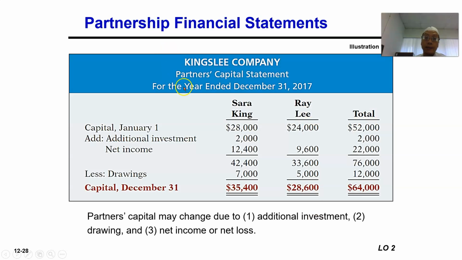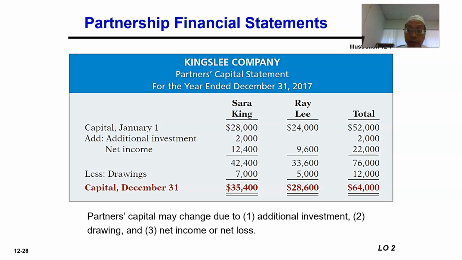In the partners' capital statement or the equity statement, it starts off with the original capital. Sarah King and Ray Lee have a starting capital of 28,000 and 24,000 respectively as at January 1st, and then there's an additional investment.